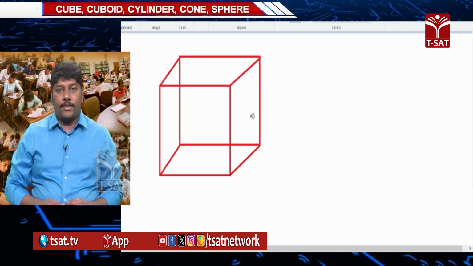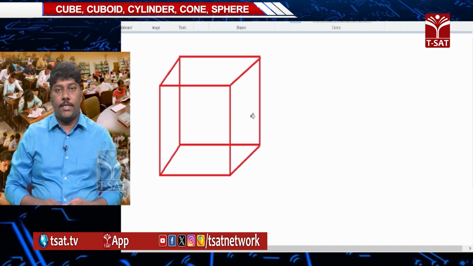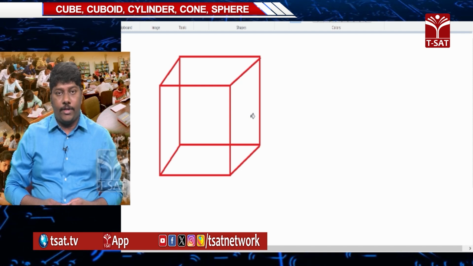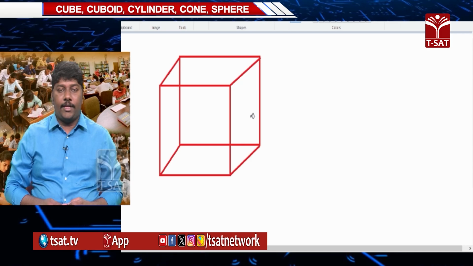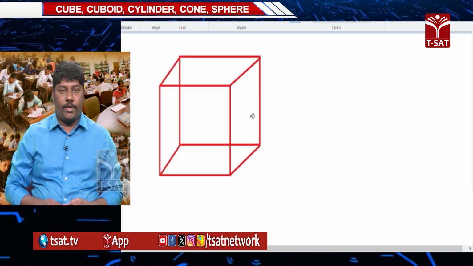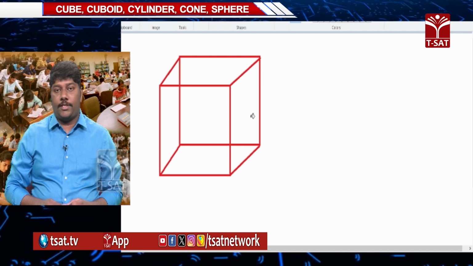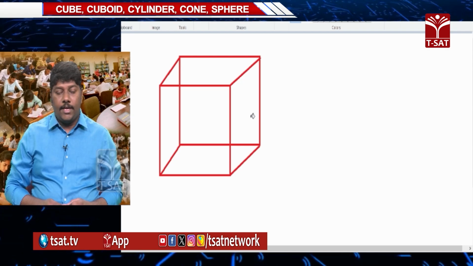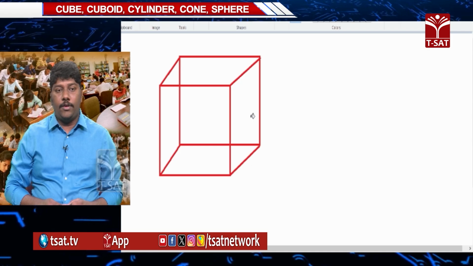The four walls of your room are the lateral surface area of that cube. If you include the top and bottom surface, it is the total surface area of the cube. The empty space in the room gives you the volume of the room, or the volume of the cube.